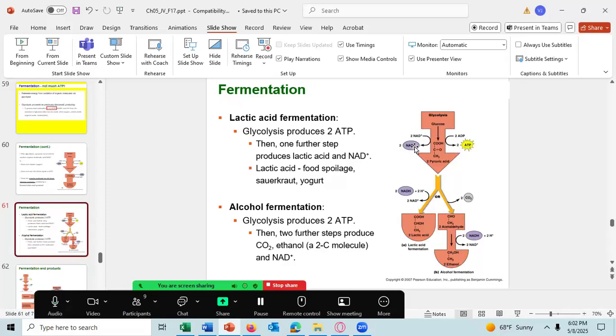You generate 2 NADH in glycolysis, but the NADH is used to convert the pyruvic acid to lactic acid. Lactic acid fermentation happens a lot. We use it to help prevent food spoilage. We use it to make sauerkraut, yogurt, a whole bunch of cheeses like cheddar cheese, a whole bunch of other foods.